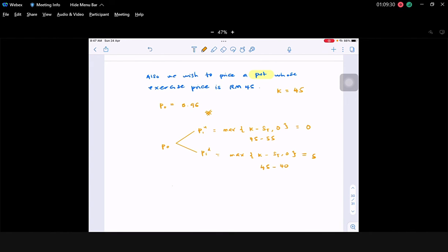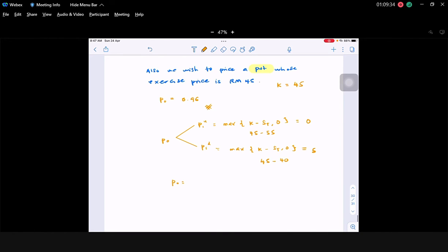Okay, so daripada sini awak boleh tentukan. Okay, sebagaimana berikut lah. Cuba check, betul tak? Okay, so by the same process. Okay, so 96 cents adalah merujuk kepada put price.